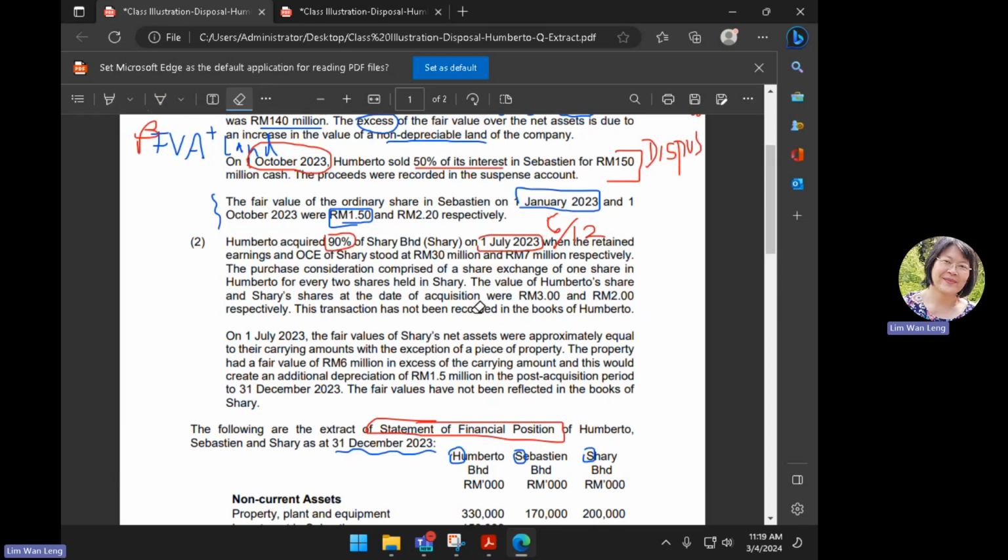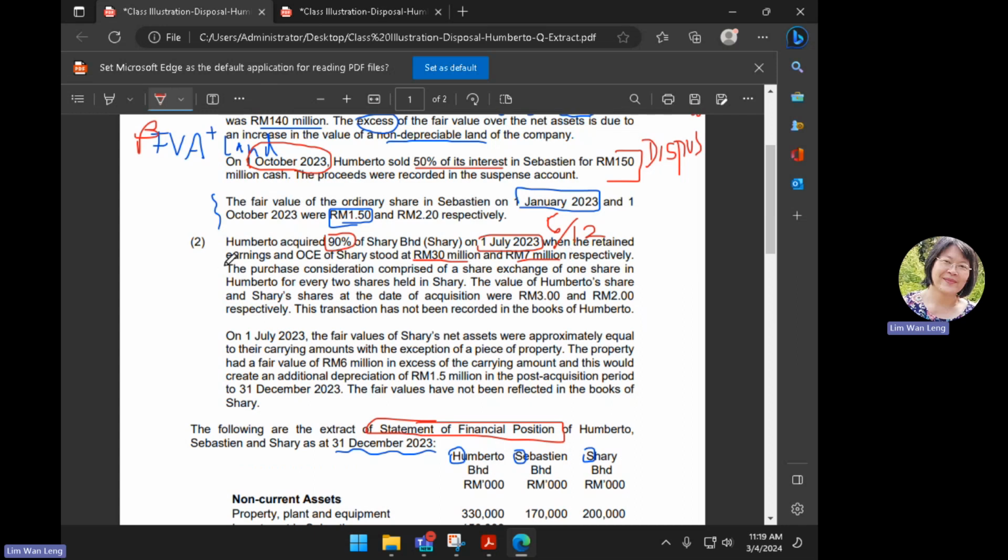So you must know your principles very well. Principles, if you don't know, you also give me the simple answer or wrong one. Then, of course, this is how much that is the retained earnings pre, OCE pre. Okay, because it was all stated at the date of acquisition.